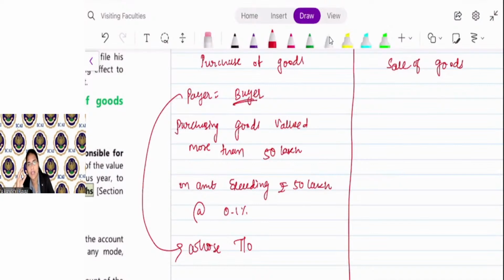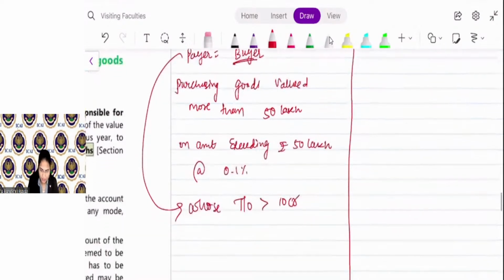So for example, if you are calculating TDS implications for previous year 22-23, then in previous year 21-22, if your turnover is greater than 10 crore, then only in current year, if you are purchasing any goods valued more than 50 lakh, then you are required to deduct TDS at the rate of 0.1% on amount exceeding 50 lakh.